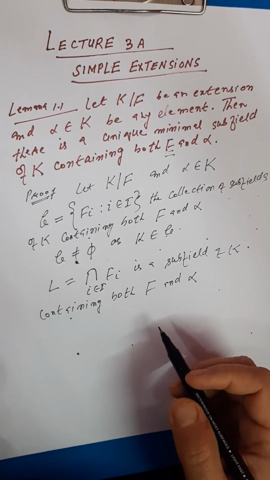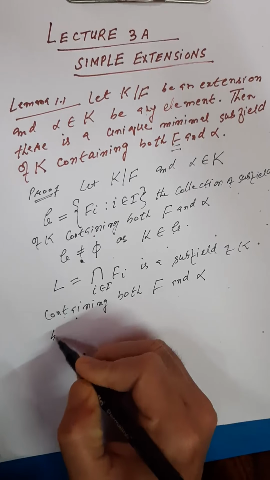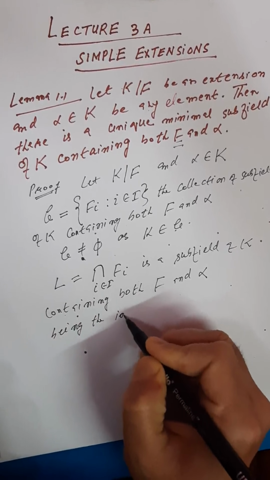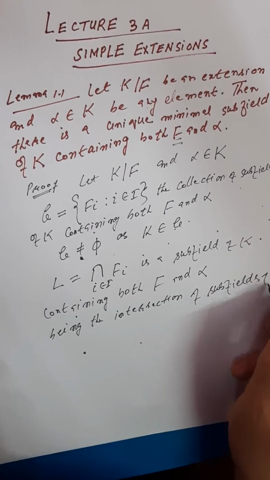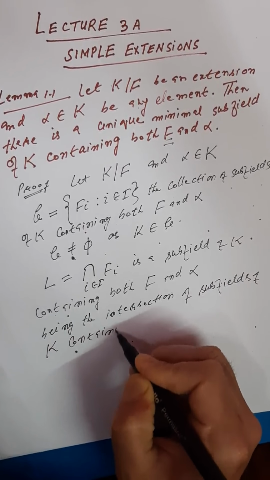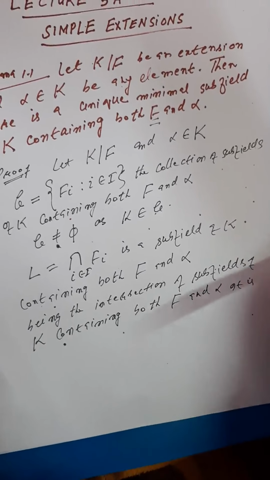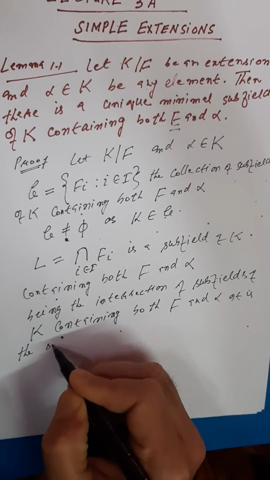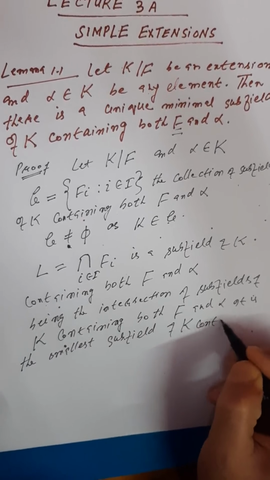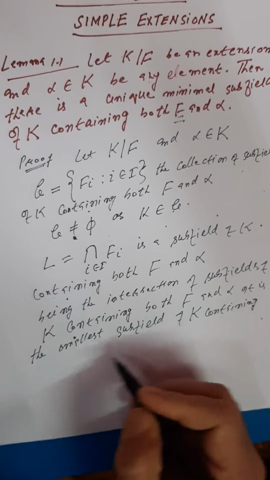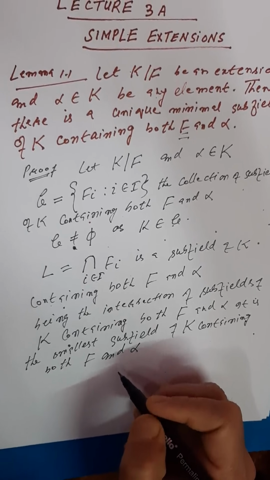And being the intersection of a family of subfields of K containing both F and alpha, it is the smallest subfield of K containing both F and alpha. So it is the unique minimal subfield of K containing both F and alpha.